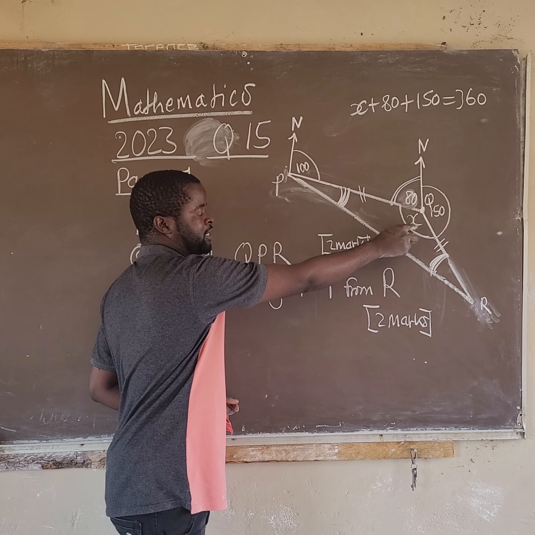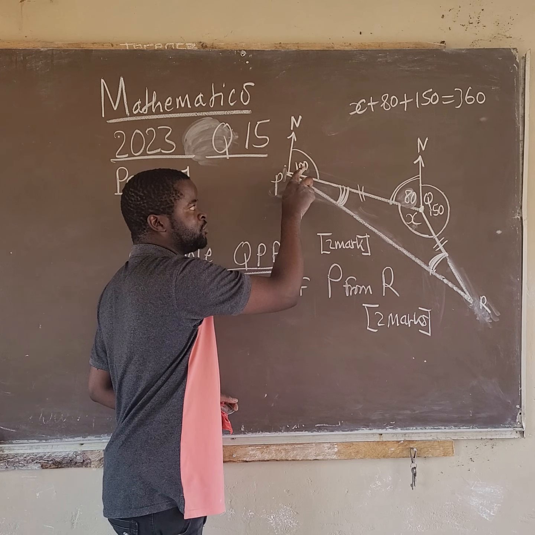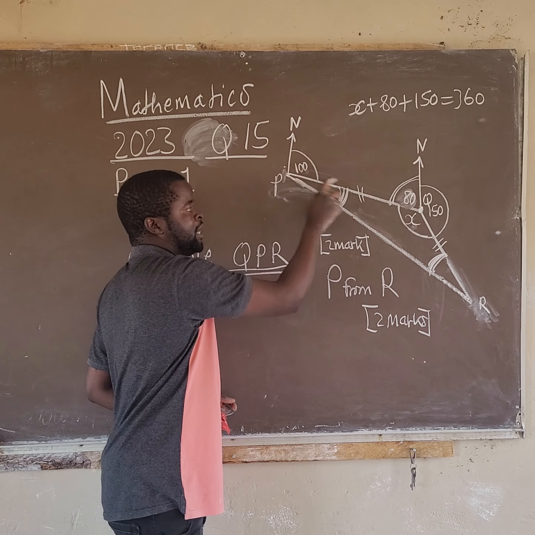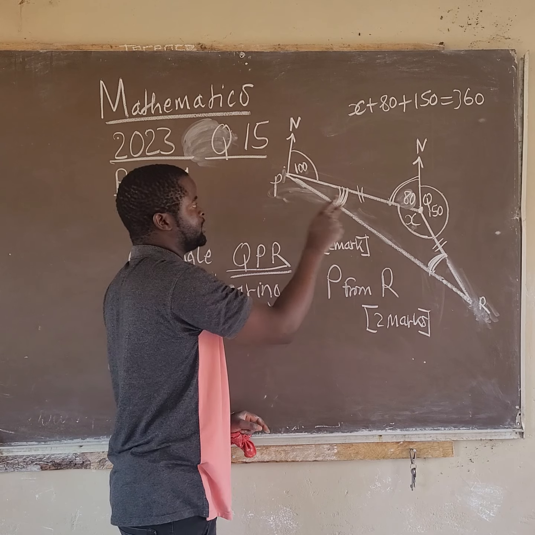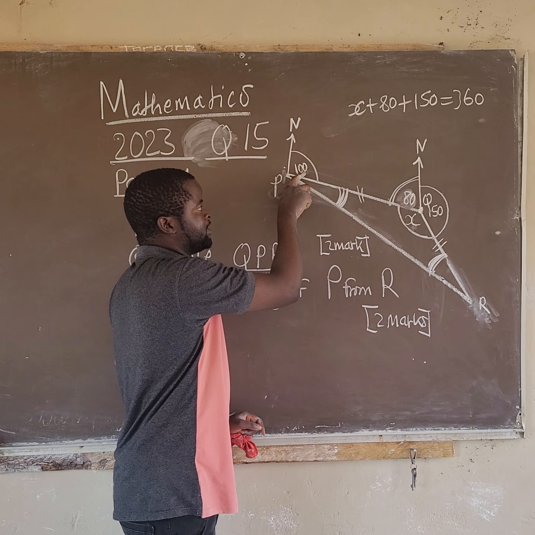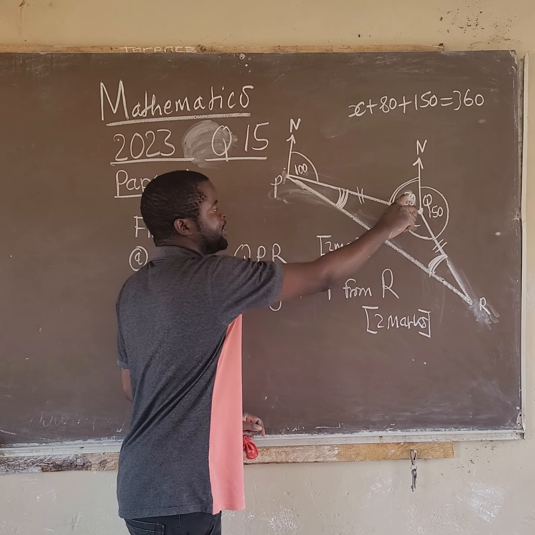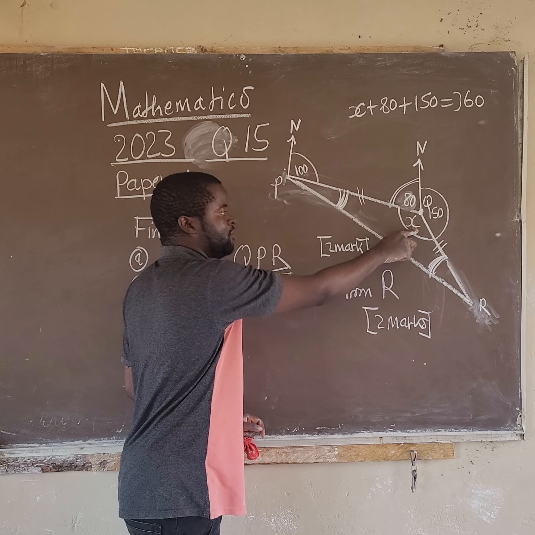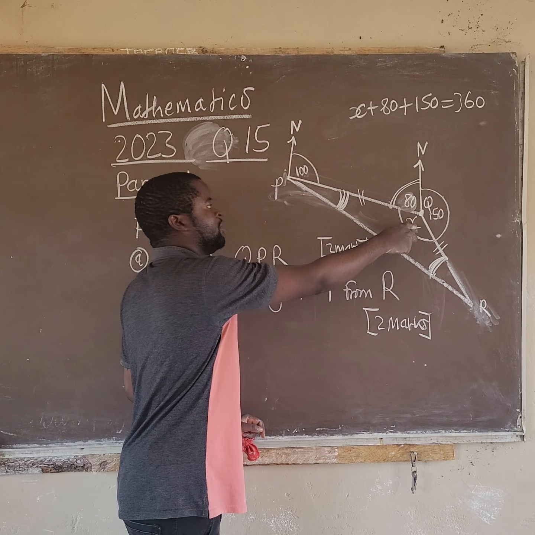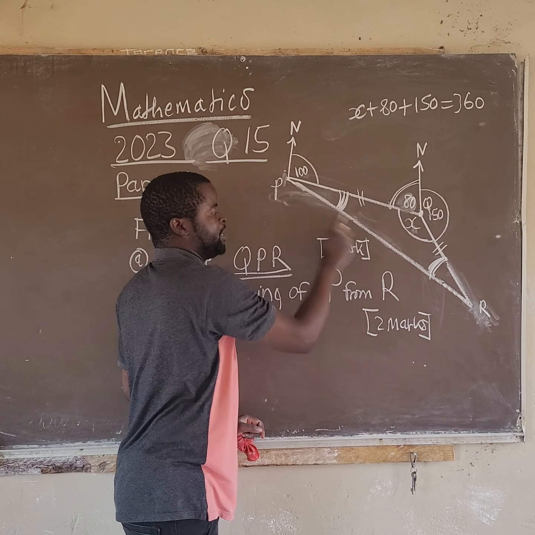And how can you get the size of this angle? Remember first to consider this 100 and the size of this angle to be on a straight line, where you can get 180, subtract this 100 to get 80 here. Then add this plus this plus this to get the size of this angle, and this angle will be used now to get the size of QPR.